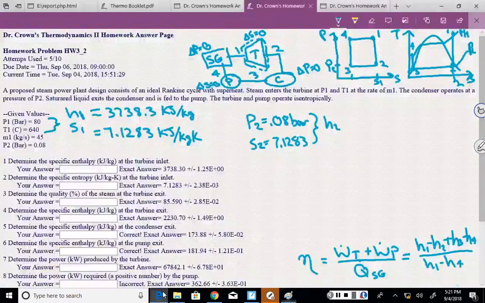The answer for quality here is 0.856 or 85.59%. And then the enthalpy 2 at the turbine exit is 2230.7. Right, then determine the specific enthalpy at the condenser exit.